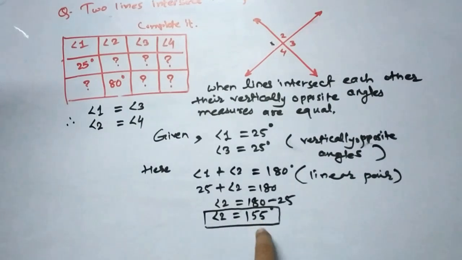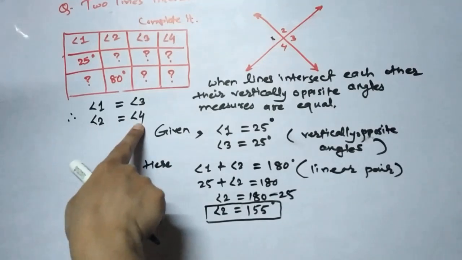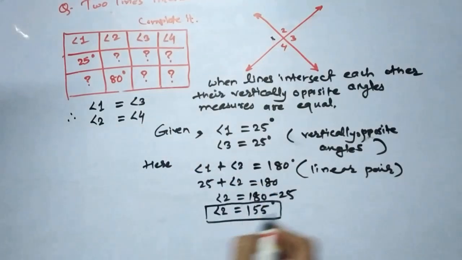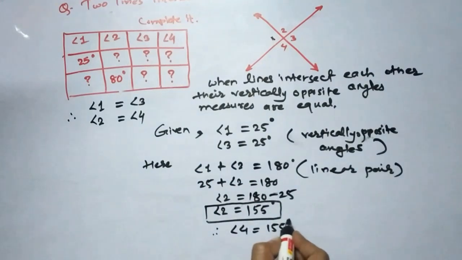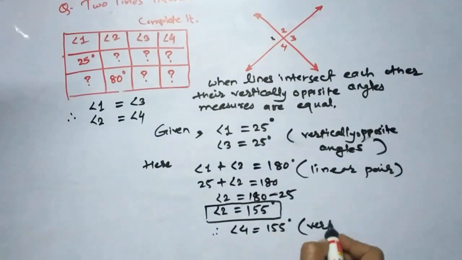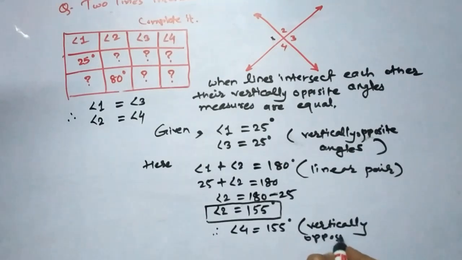So angle 2 is what? 155 degrees. So friends, angle 2 is equal to angle 4. So therefore I can also write here angle 4 is also going to be 155 degrees. Reason is vertically opposite angles.